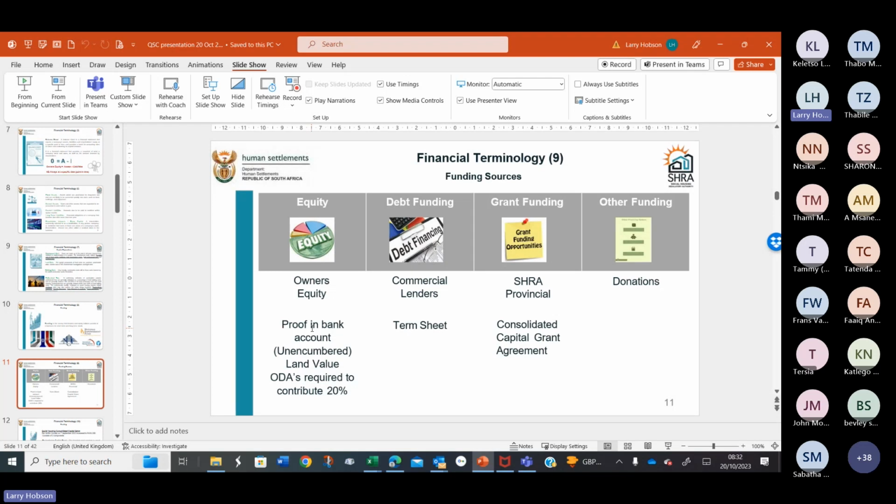That is money in your bank account that's not been borrowed. There mustn't be encumbrances attached to it. Unencumbered means that you don't have a mortgage bond on any of the assets you own, and they have not been pledged to anybody as security for a loan.